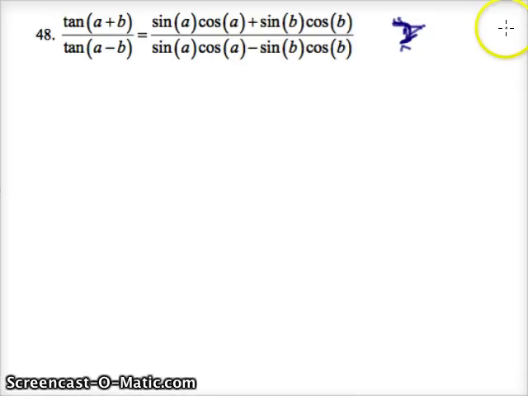What we need to realize is it kind of looks a little like the last one, but the top here seems to be sum and difference identities for sine and cosine. So I just wonder if there's some trick to this.